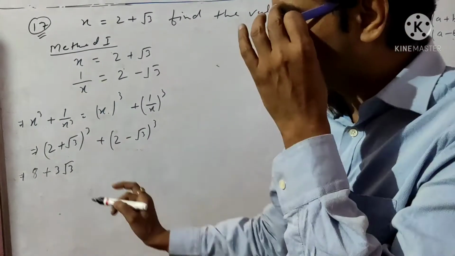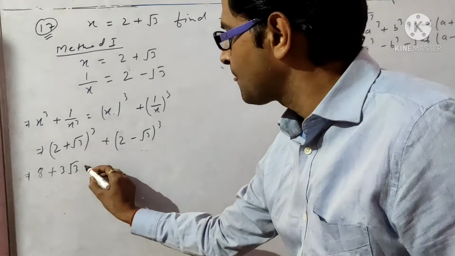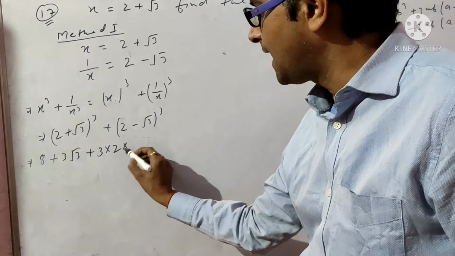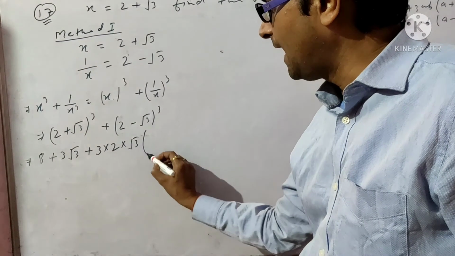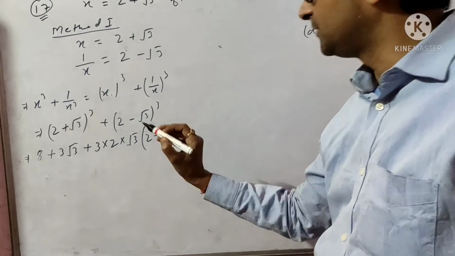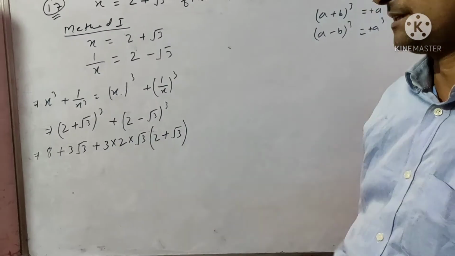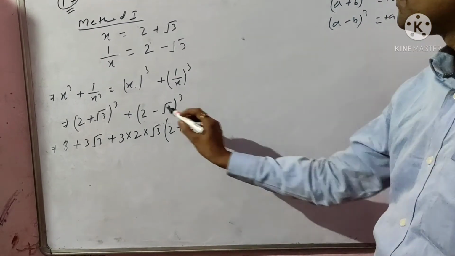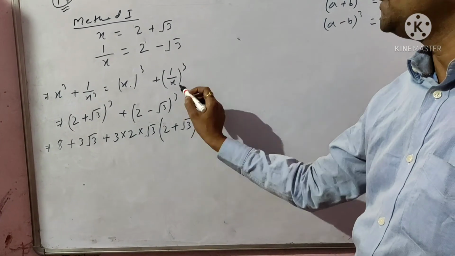So we can write 3 root 3. So a cube plus b cube plus 3ab, 3 into a value is 2 and b value is root 3 and the rest of it is 2 plus root 3. This is your first case. Okay, plus again the second value is (a minus b) whole cube.